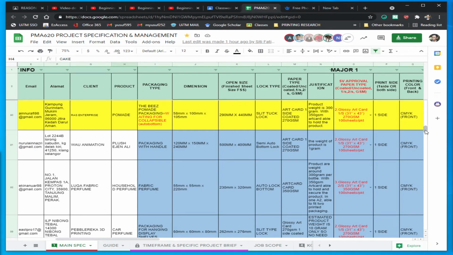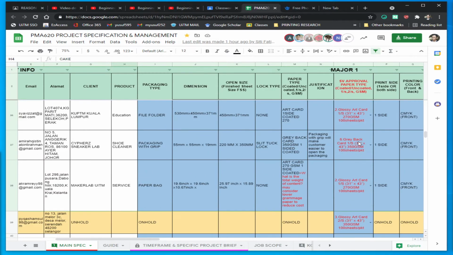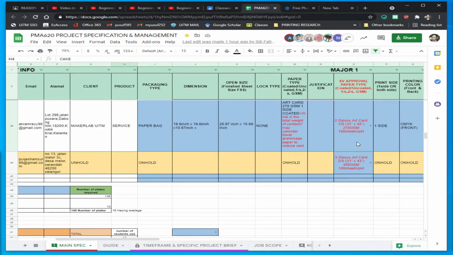A few students may need to look at the size of the packaging, and to suggest new materials, new substrate for your project.